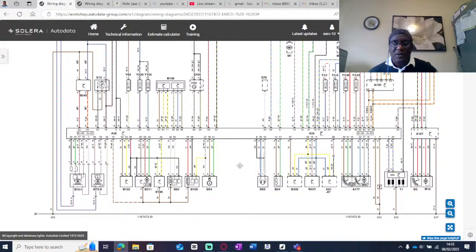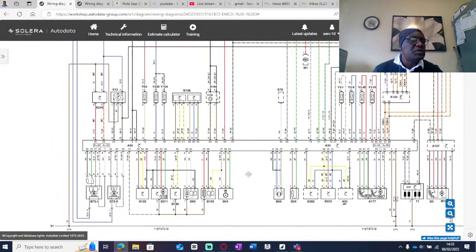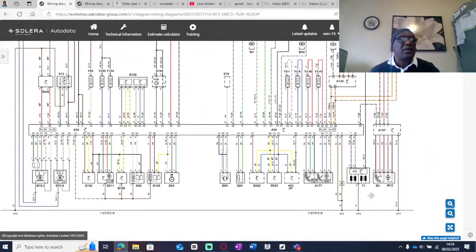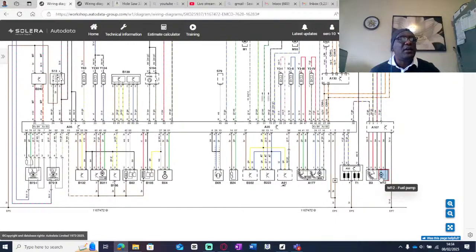And right, so I was going to look and see. Yes, let's see here. Remember I told you that M is for a motor, so there is your fuel pump, but look on the other side, you've got the fuel gauge, the resistor there.